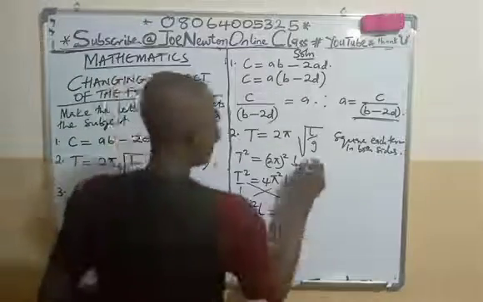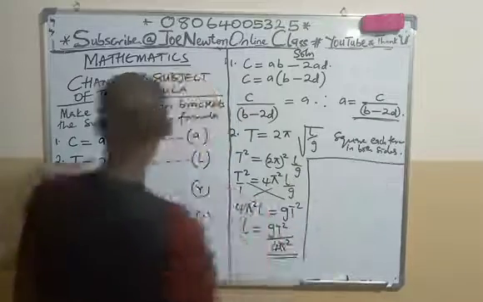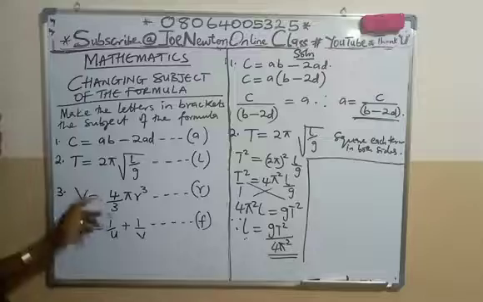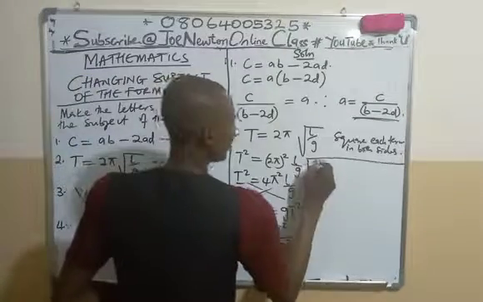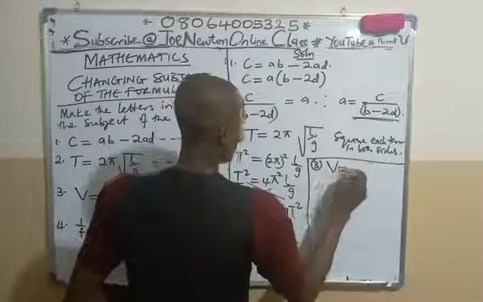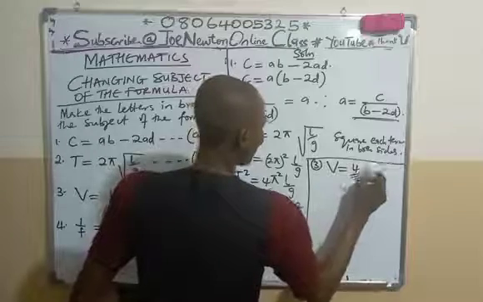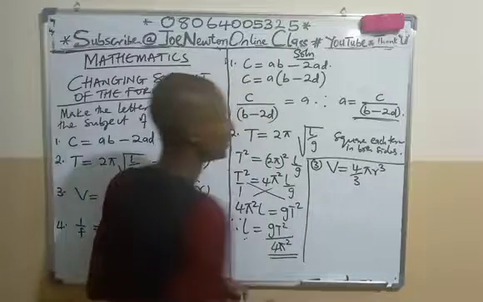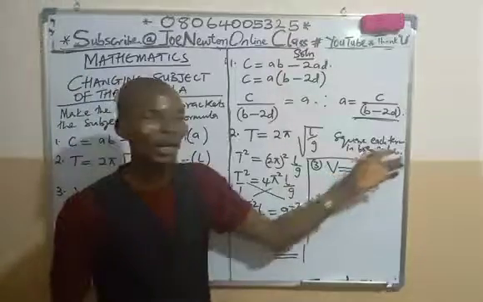Okay, then let's look at question number 3. Let me solve it here. Number 3 says V is equal to 4 over 3 pi r cubed.